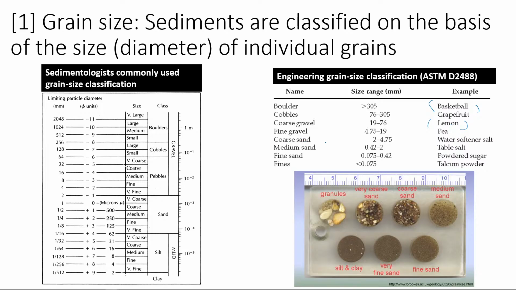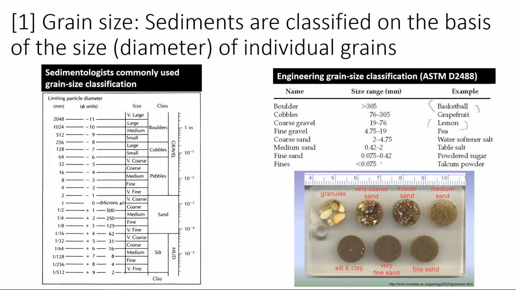Coarse sand has a size range of about 2 to 5 millimeters, like half a centimeter. So it would be the size of water softener salt, for example. Medium sand has a size of half a millimeter to 2 millimeters, very small, like the size of table salt, for example.